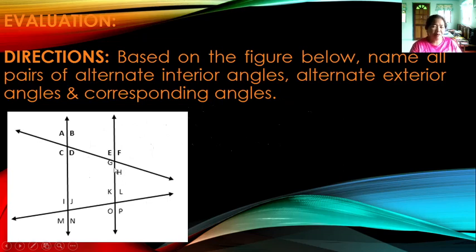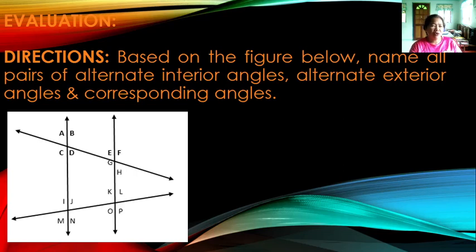But this time, you are the one to identify the pair of angles as to where it belongs, whether it is alternate interior angles, alternate exterior angles, or corresponding angles.